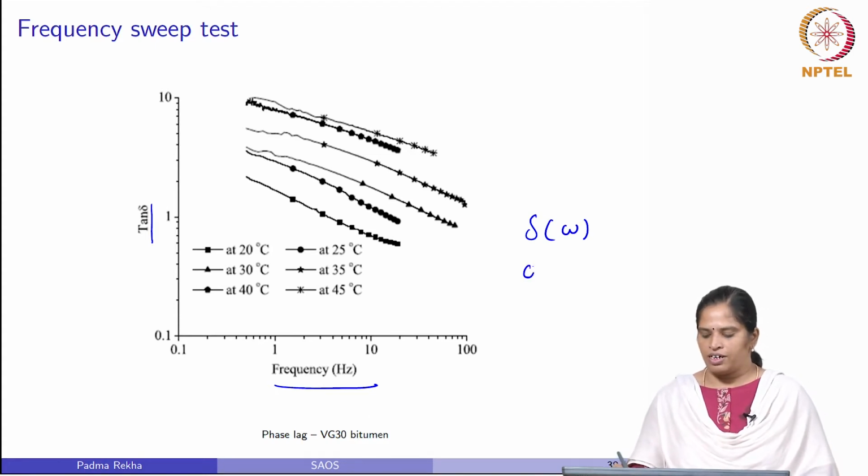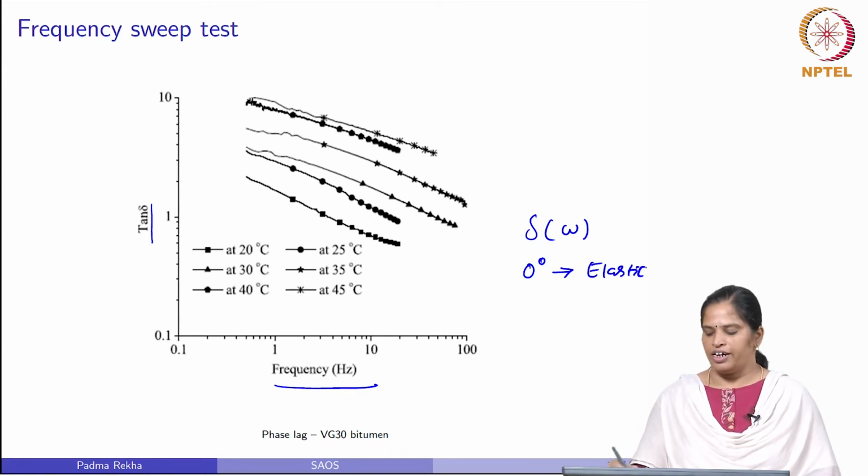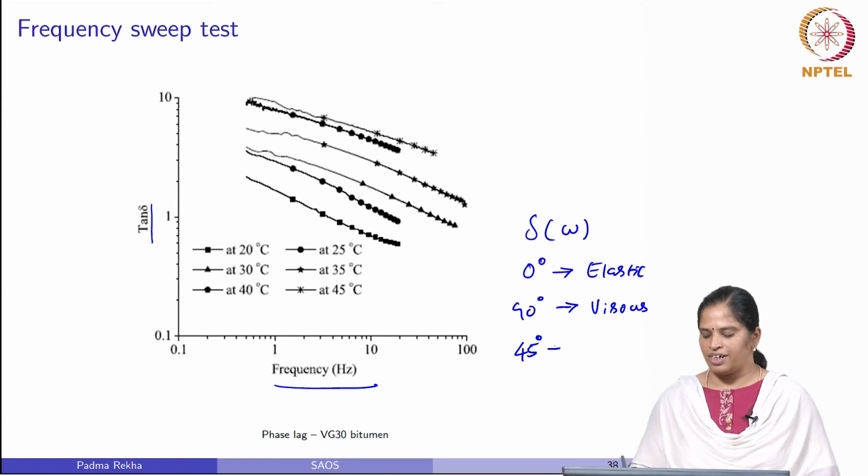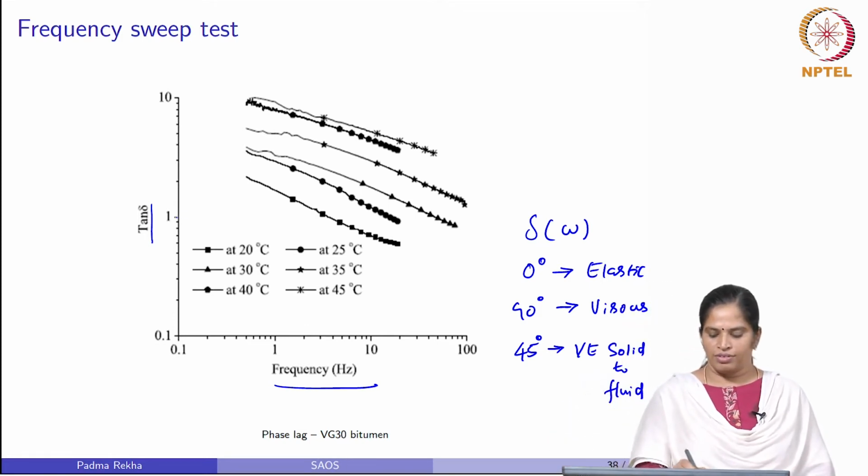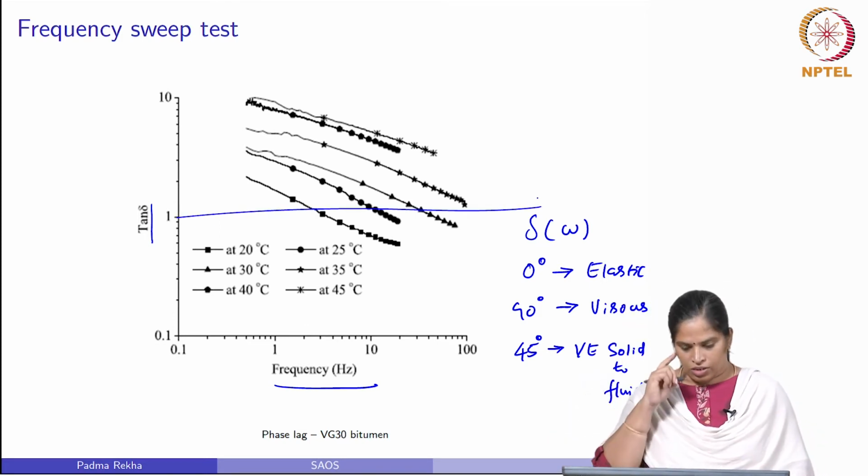As we said earlier, 0 degree represents an elastic response and 90 degree represents the viscous response, and 45 degree is a point where the transition occurs between viscoelastic solid to fluid. So, tan delta equals 1, this point here.